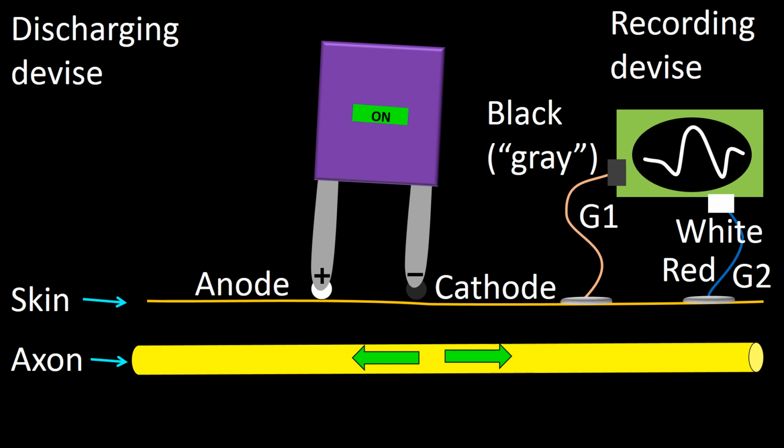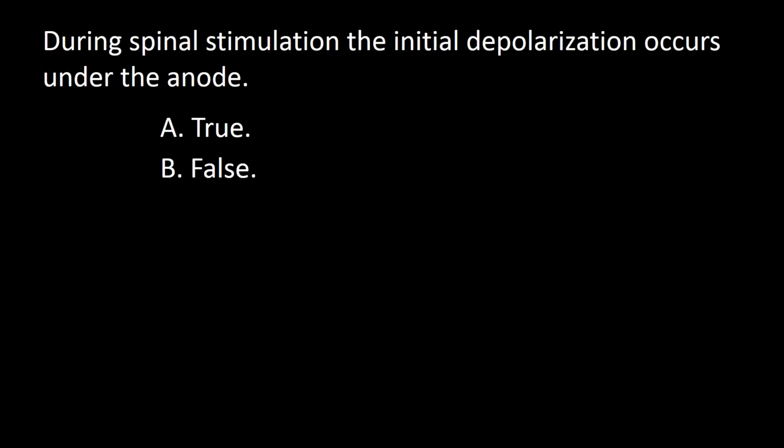The reason for the depolarization to occur under the cathode in the spine is that in the spine the elements being initially depolarized are axons. So in the spine, as well as in the nerve, depolarization will occur under the cathode. So the answer to this question is B.